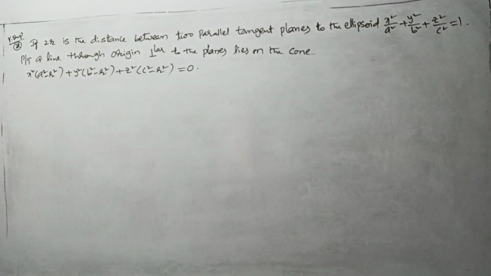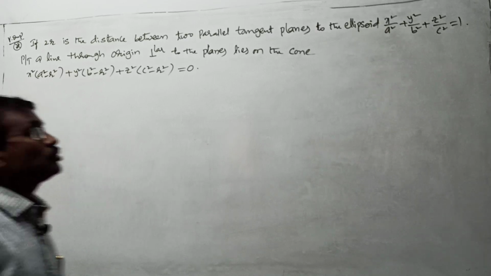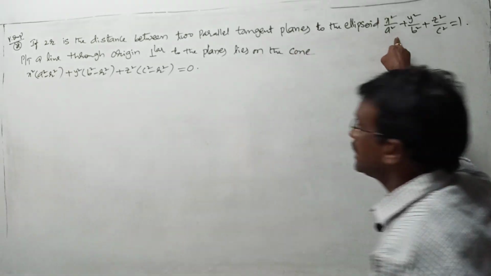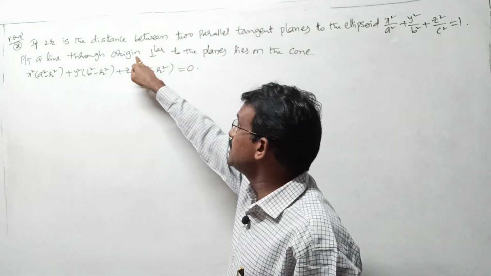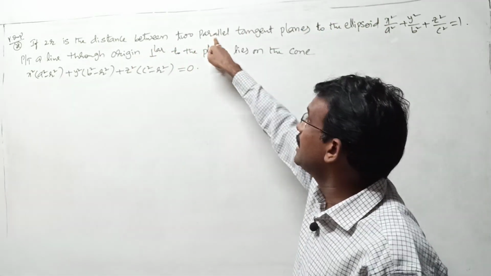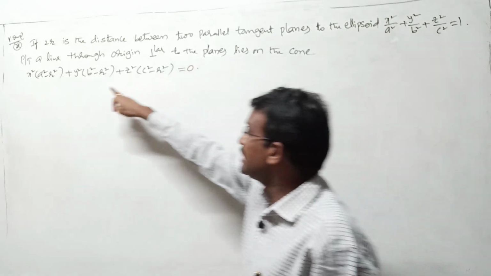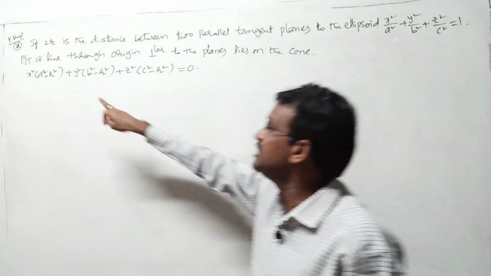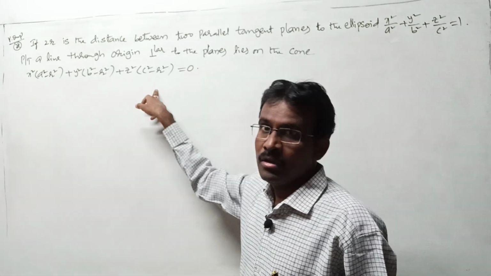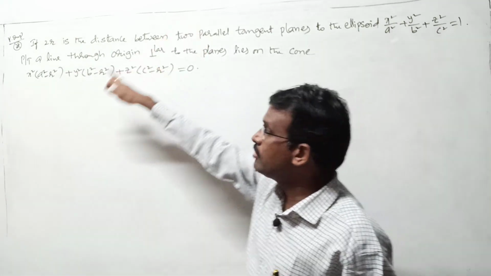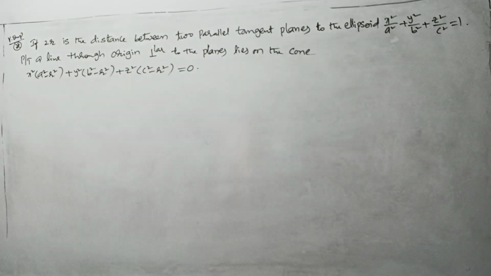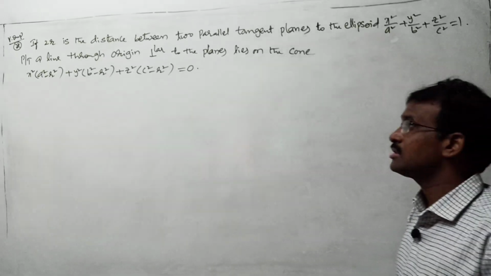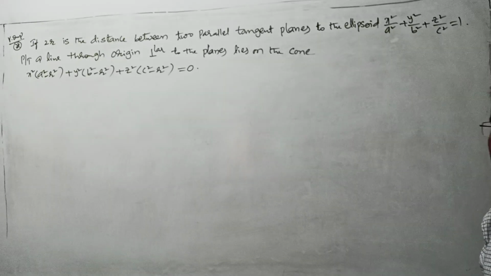If 2r is the distance between two parallel tangent planes to this ellipsoid, then you have to show that a line passing through the origin and perpendicular to the above parallel tangent planes should lie on this. That means our result should be this one: x²/(a² − r²) + y²/(b² − r²) + z²/(c² − r²) = 0.